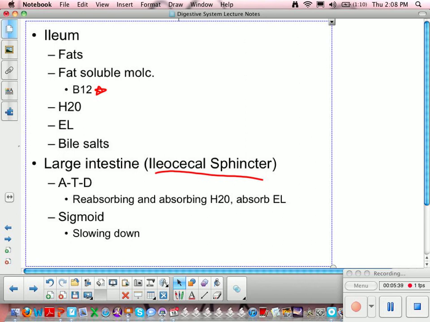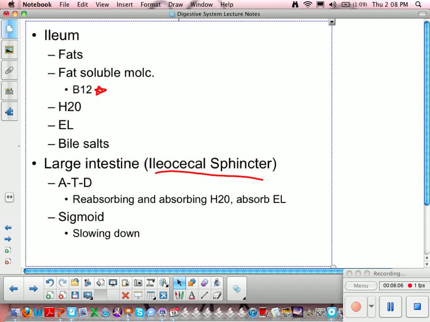In the large intestine, you are going to have the ascending, transverse, and descending parts of your large intestine. And then you'll also be absorbing and reabsorbing water and electrolytes. The sigmoid part of your large intestine is where material is being slowed down so you can form the feces there.